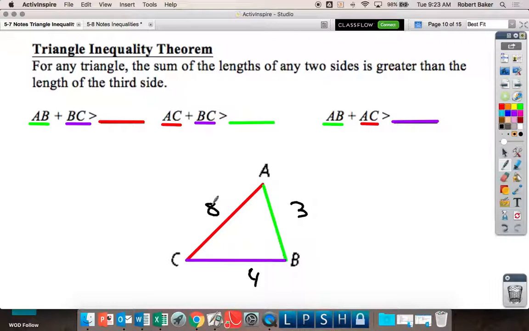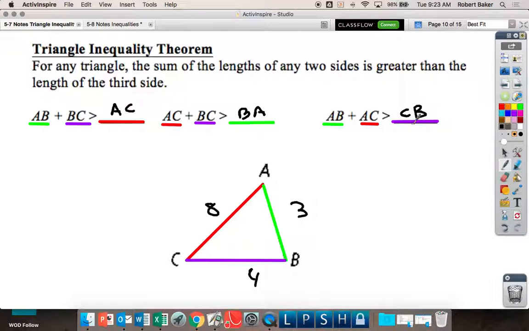It's a yes or no answer. So, you see how AB is green and BC is purple? What's the side I'm missing? AC. So, AC is red, BC is purple. What's the missing side? AB, AC, what's the purple side?